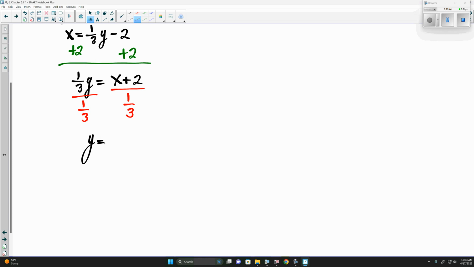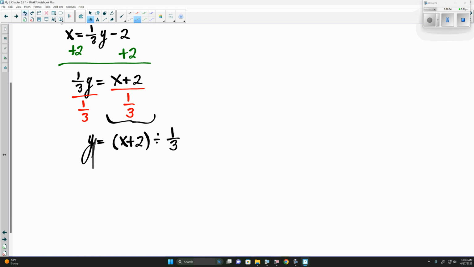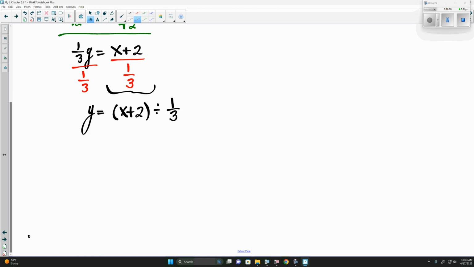I'm fine with fractions inside of radicals, but we can't have a fraction inside of a fraction. We're going to have to simplify it. Now, what this other side is telling us is that we have x plus 2 divided by 1/3, yes? But to divide fractions, the way that we go about this is keeping the first one the same, changing the division to multiplication, and flipping the second.